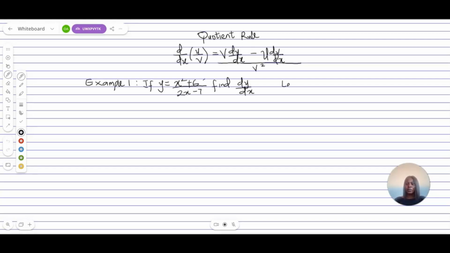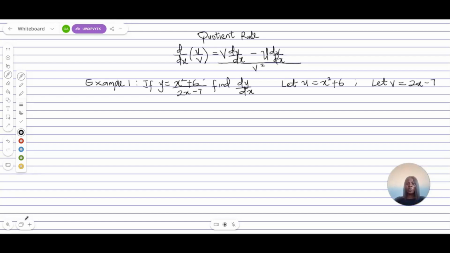So let u be equal to x squared plus 6, and let v be equal to 2x minus 7. Now, as I said in the last video, whatever parameters you need, you would know them by the formula you are supposed to use.